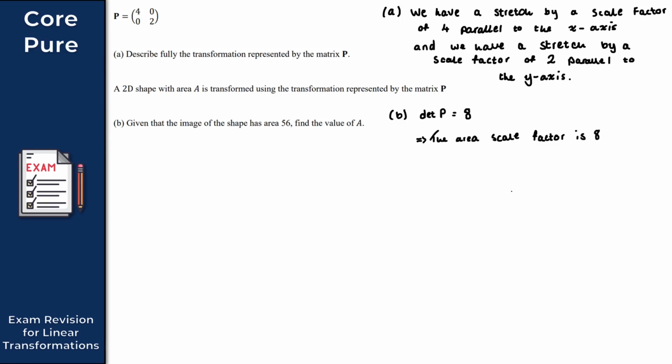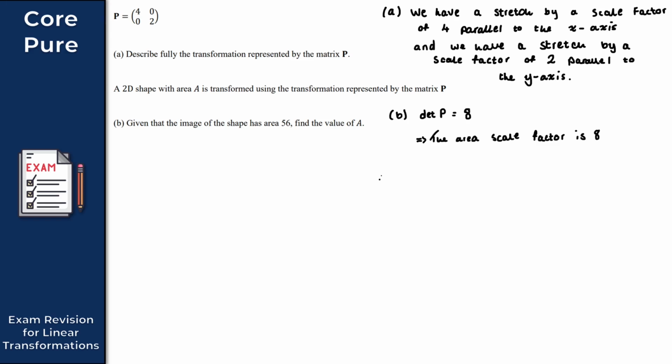Okay. And because we know the area of the image of the shape here is 56, then obviously I want to go backwards here. All we're going to do is take the area for the new shape and divide that by the area scale factor, right?